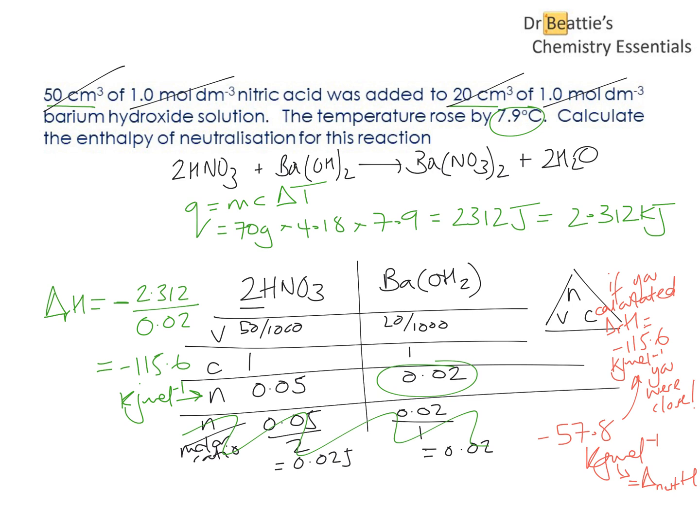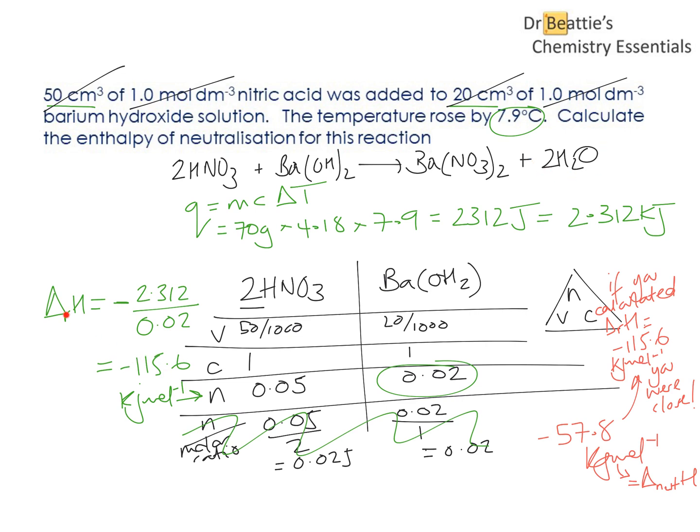However, because we're dealing with a question that asks us for the enthalpy of neutralisation, and our definition for neutralisation is the formation of 1 mole of water from 1 mole of H plus ions and 1 mole of hydroxide ions. Well, if you notice, we formed 2 moles of water in this.